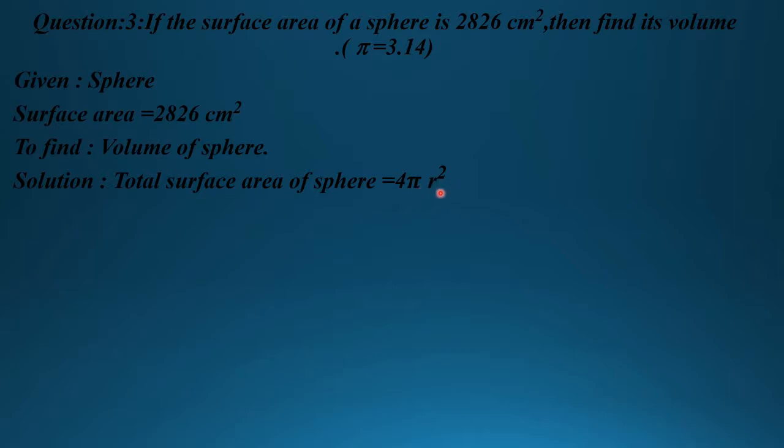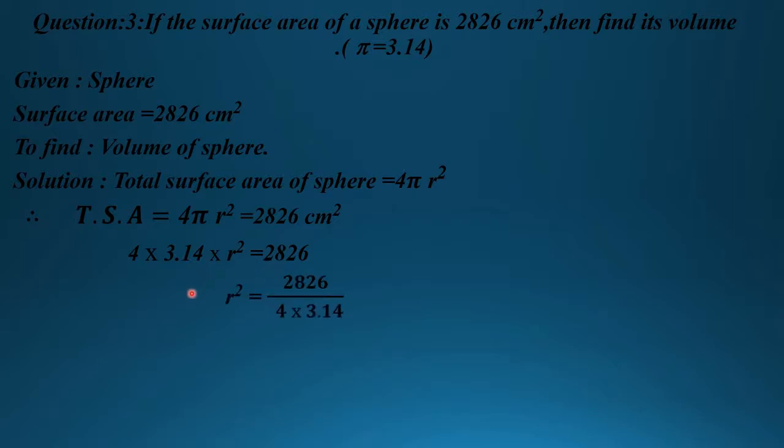That is given as 2826. Therefore, 4 pi r square is equal to 2826 centimeters square. Substituting the value of pi, we get 4 multiplied by 3.14 multiplied by r square is equal to 2826.